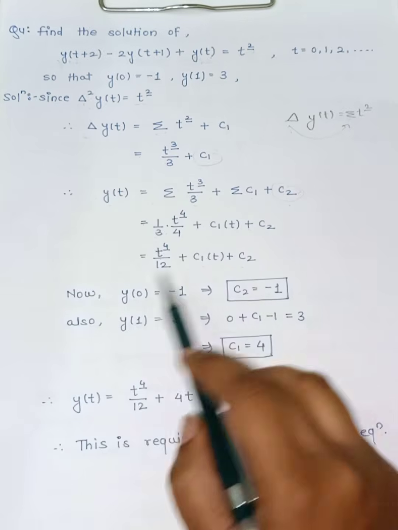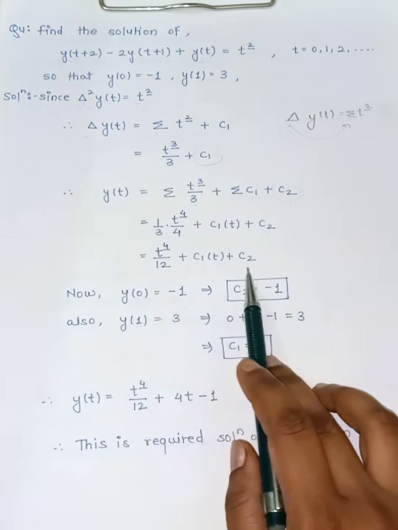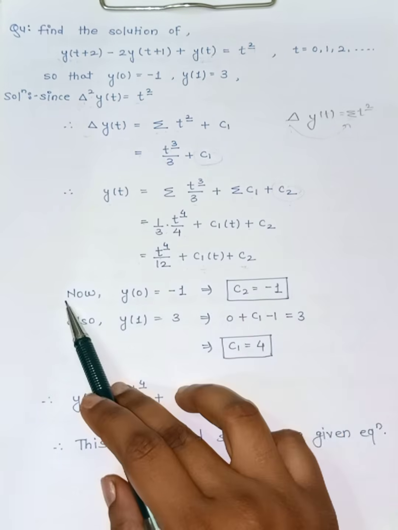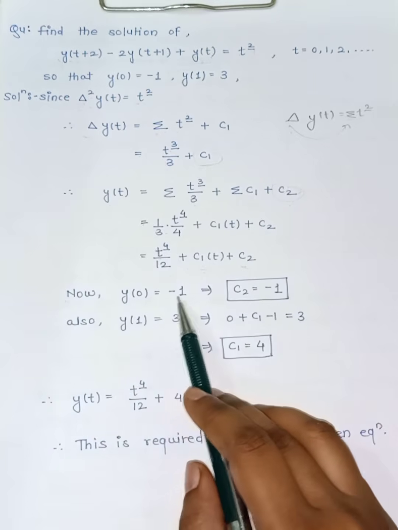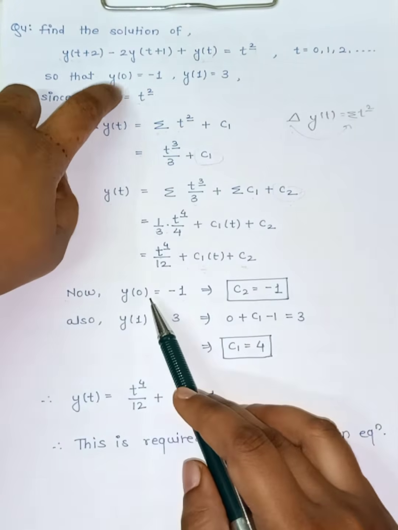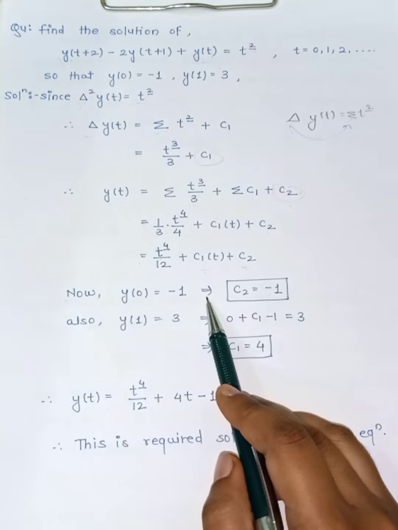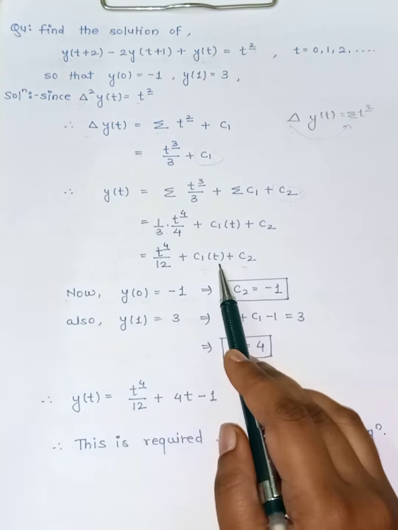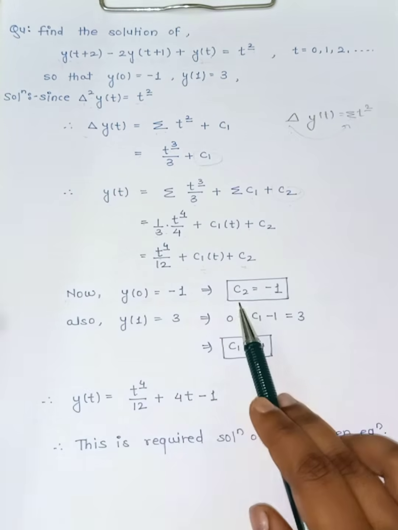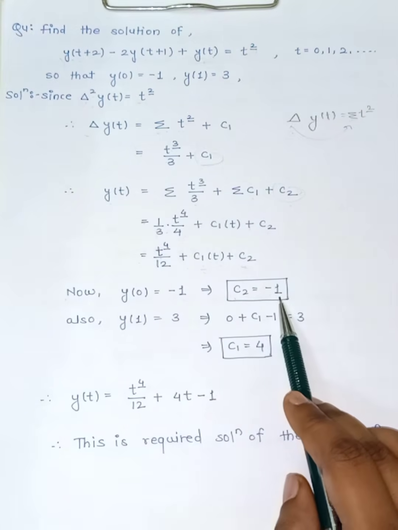Now we have to find these constants. Then y of 0 equals minus 1. We are given y of 0 equals minus 1. That will imply, if we put t equals 0 here, we get c2 equals minus 1.